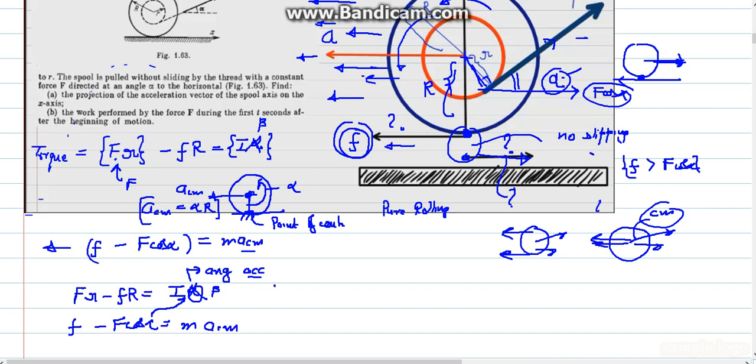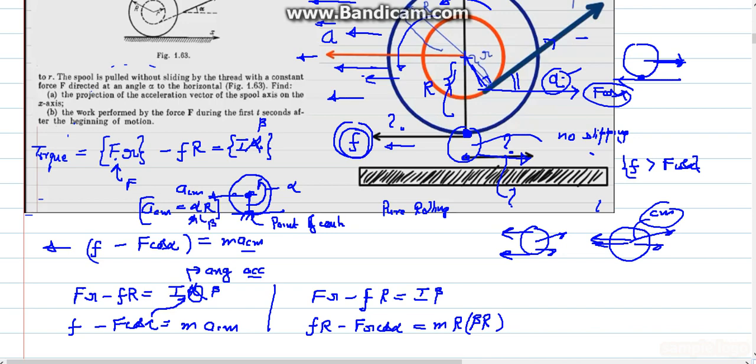Now further refine these equations. FR minus Fr, where this is friction force, is equal to I times beta, and multiply the second equation by capital R. You get FR minus FR cos alpha is equal to mR. What is the acceleration of center of mass? It is beta times R. This beta is actually the angular acceleration, which we are taking in place of alpha.